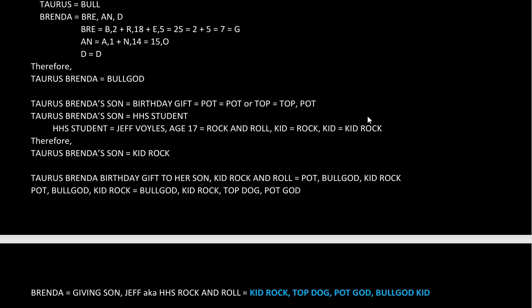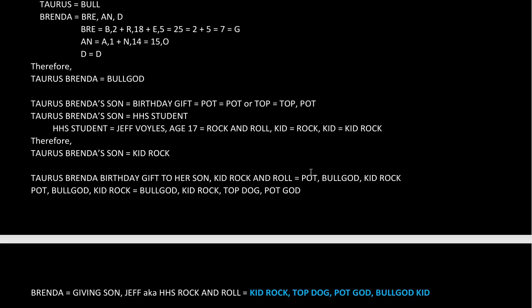Okay, this is a reference to Kid Rock. All right, Taurus, Brenda's son equals Kid Rock. So, Taurus, Brenda, birthday gift to her son, Kid Rock and Roll equals pot. My mother, Taurus, Brenda becomes bull god. 17-year-old student, nickname Rock and Roll, becomes Kid Rock.